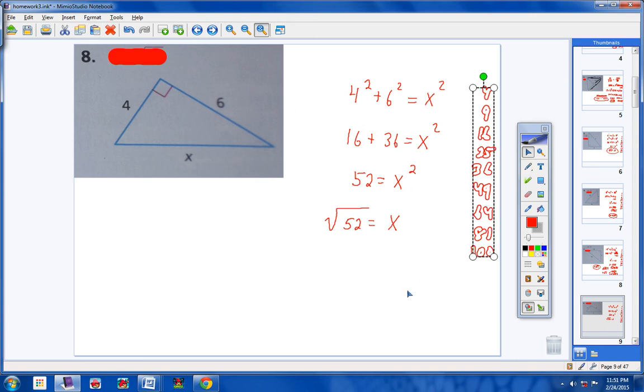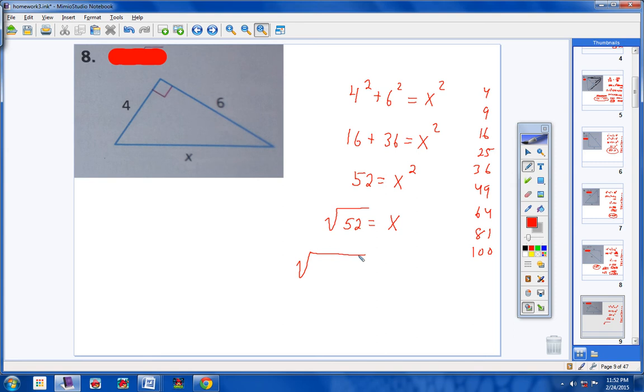Now, do any of these numbers go into 52 evenly? Well, 4 does. 4 times 13 is 52. Cross off the 4 because we know the square root of 4. Put a 2 on the outside. So your final answer is 2 square root of 13, okay? 2 square root of 13.